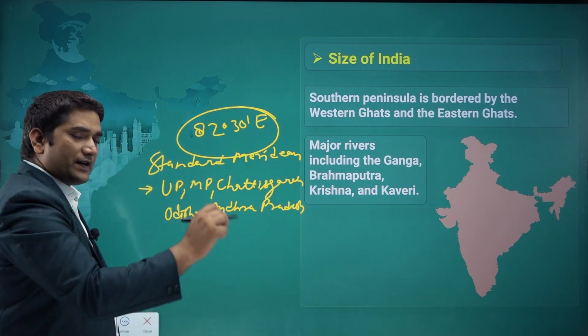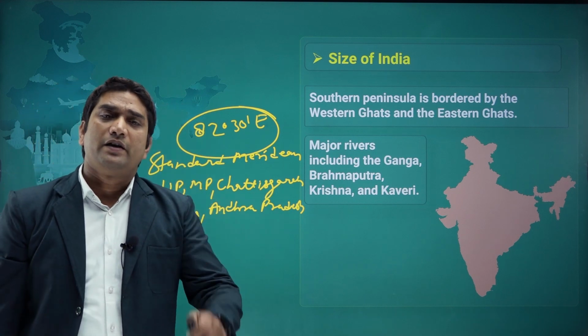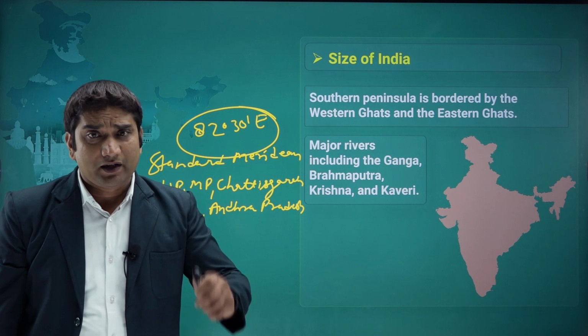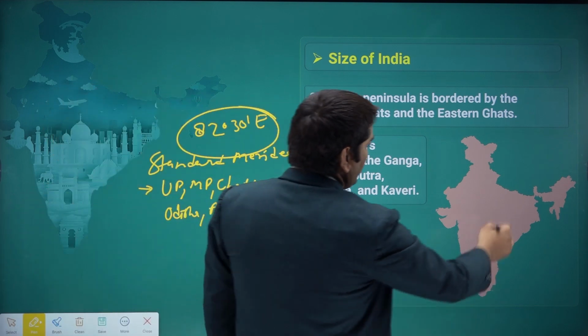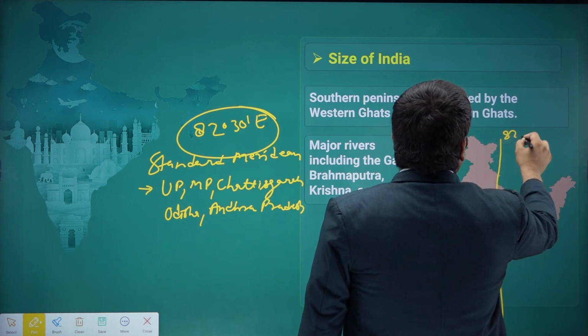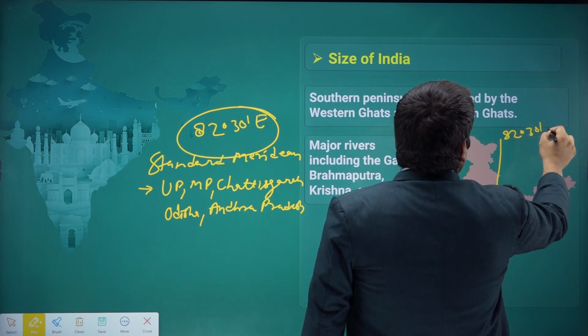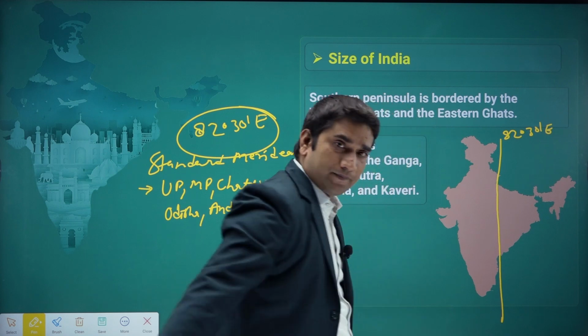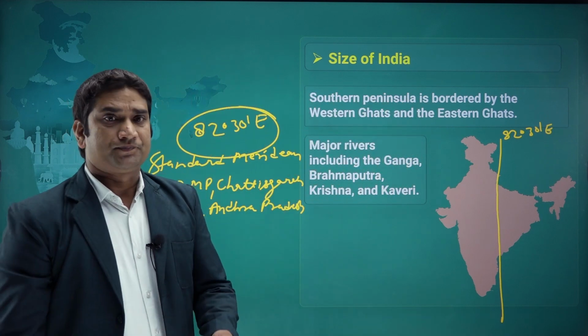So from these 5 states, the standard meridian of India is passing. In this manner it is passing from here. So this is 82° 30 minutes east longitude, right?